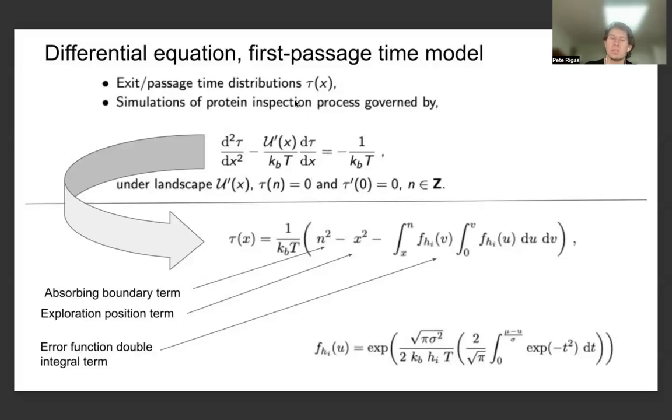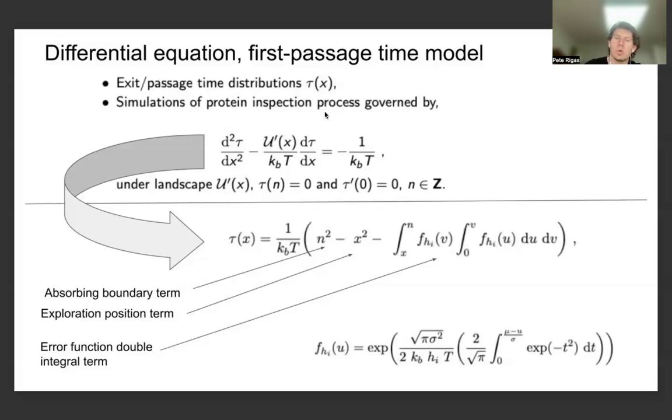But in comparison to second order differential equations that have constant coefficients in front of all of the terms of the differential equation, in this second order equation, which relates to some other families of PDEs or higher order PDEs, which describe more complicated inspection processes, this second order ODE has a non-constant coefficient in front of the first derivative of tau with respect to x, which is the position of inspection.